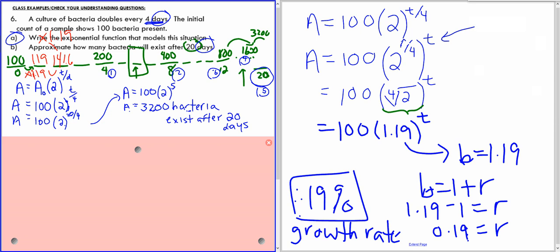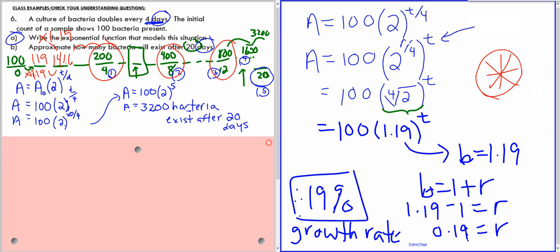If I keep multiplying by 1.19 every time, by the time I get to the 4th, I'll get to 200. By the 8th, I'll get to 400. By the 12th day, I'll get to 800. So we could have done this to calculate our daily growth rate if we really wanted to, but it wasn't necessary.